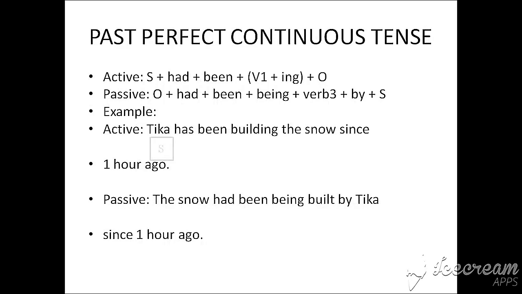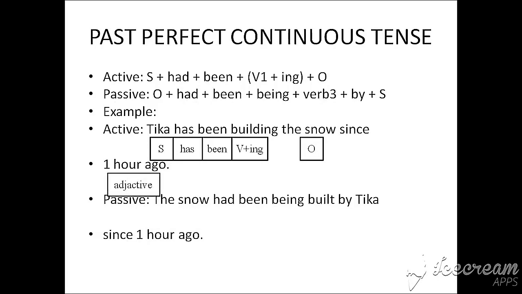This is past perfect continuous tense. The passive and active voice formula are there. The example is the active sentence: Tika has been building the snow since 1 hour ago. The passive sentence is the snow had been being built by Tika since 1 hour ago.